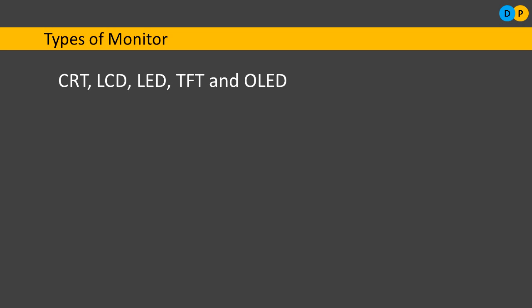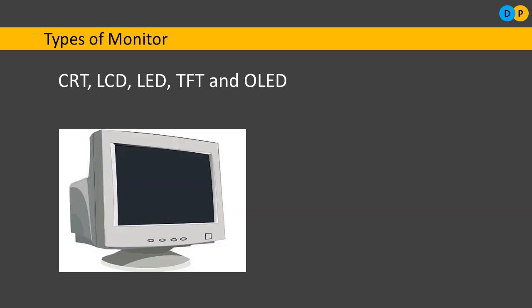The first one is the CRT monitor, also referred to as cathode ray tube monitor, followed by LCD, LED, TFT, and OLED monitors. So these are the different varieties of monitors. In the first image, what you can notice here is a CRT monitor. So what is a CRT monitor?